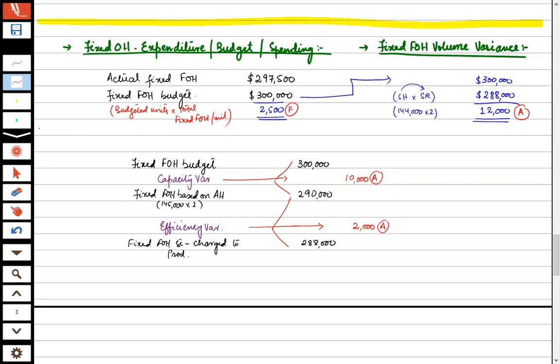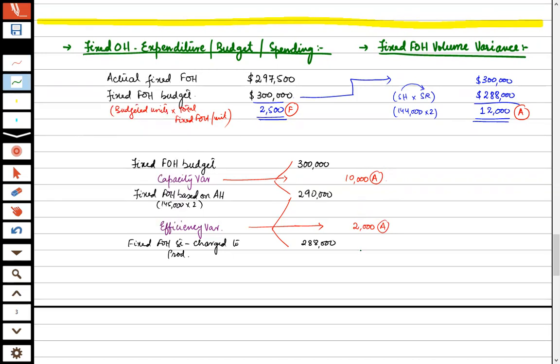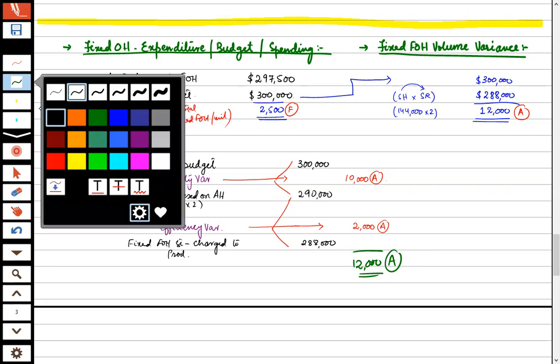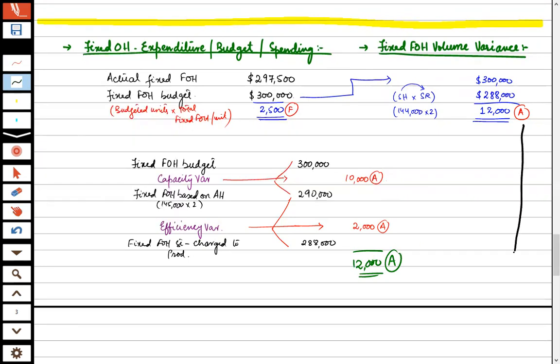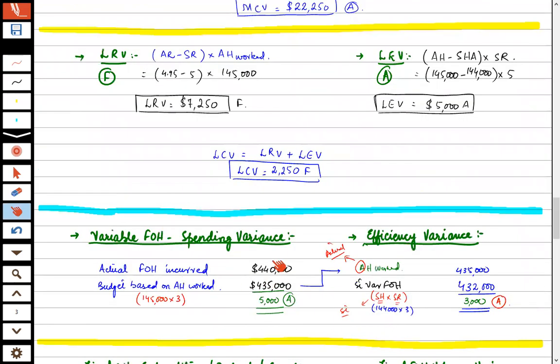So the 10,000 and 2,000 combined make 12,000, and as both are adverse, it would be adverse, and this would tally against the 12,000 adverse. It means we have calculated the fixed FOH volume variance and the capacity and efficiency variances correctly. This is a sort of test. So see how these things work in the case of variances.